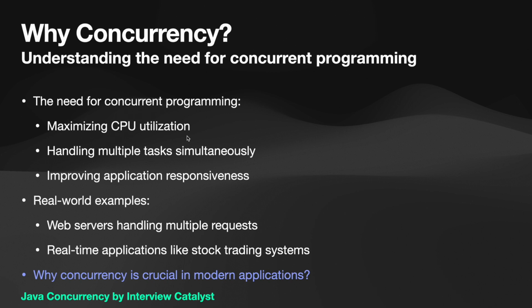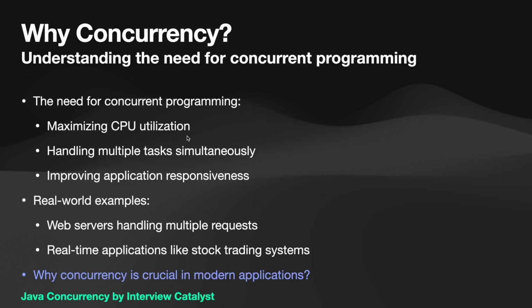Third one is handling multiple tasks simultaneously. Many modern applications need to handle numerous tasks or requests at once. Concurrency enables efficient management of these tasks without blocking others. For example, a web server can serve thousands of client requests concurrently instead of processing them one by one.